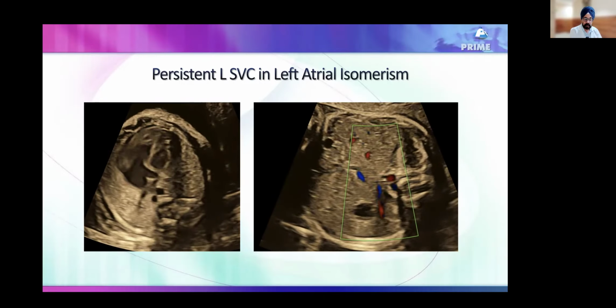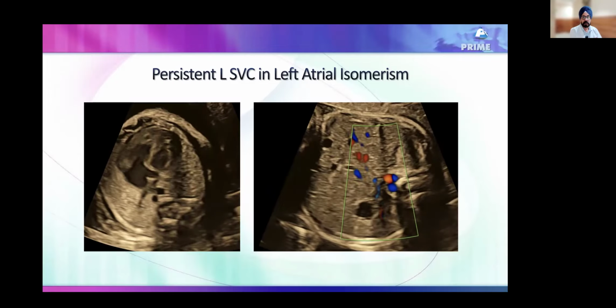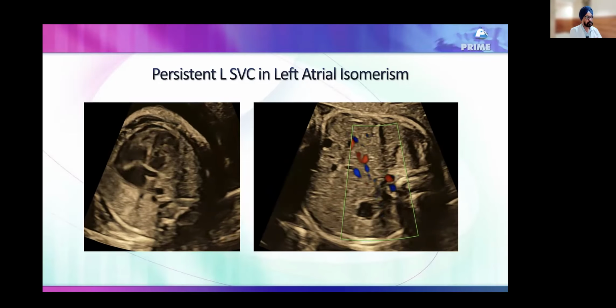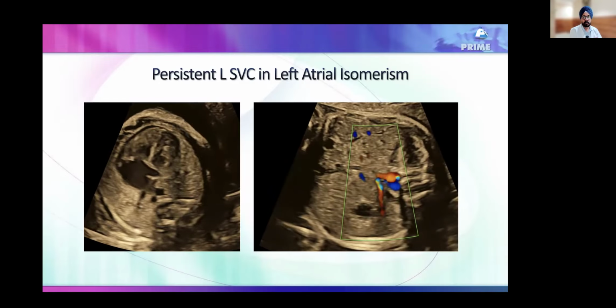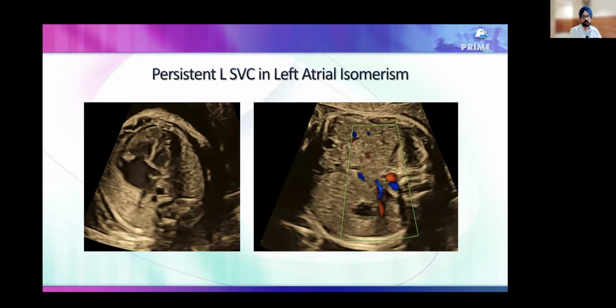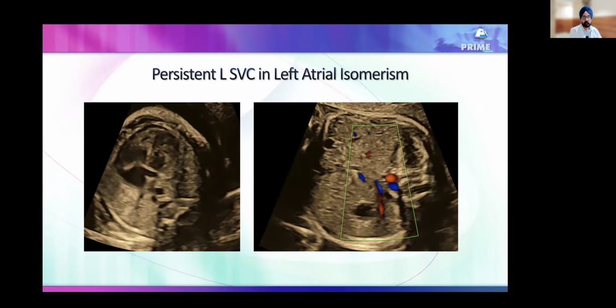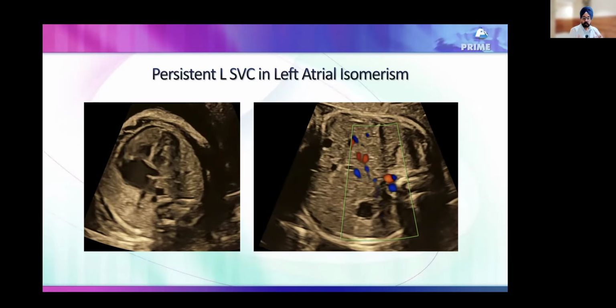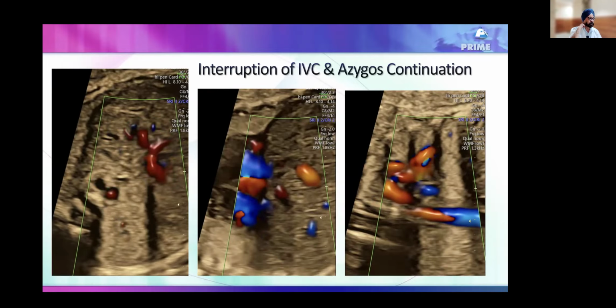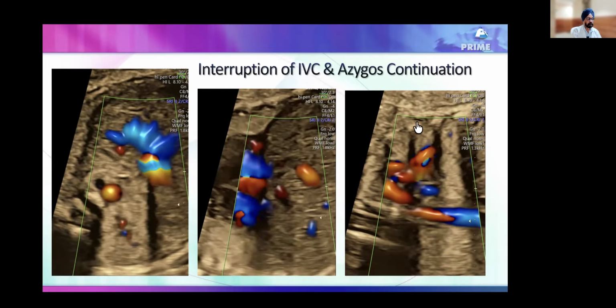The IVC is interrupted, and this is a continuation of the azygos vein, because the entire blood from the lower part of the body would be carried by the azygos vein into the superior vena cava. The entire flow goes into the superior vena cava. So there would be an interruption of IVC, and that's what you see as another vessel along there.